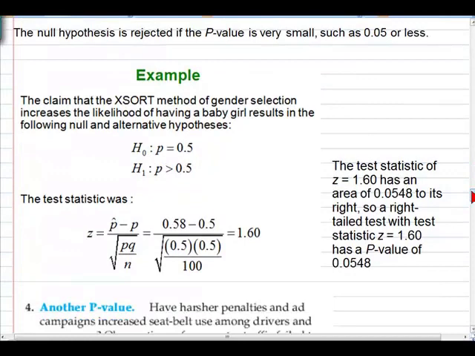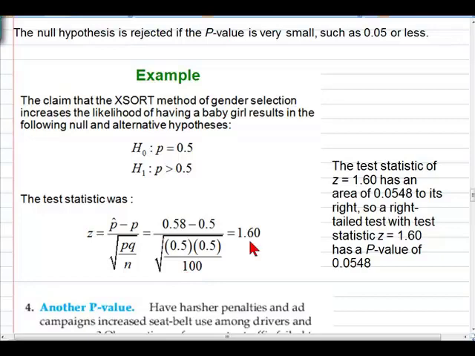For example, the claim that the XSORT method of gender selection increased the likelihood of having a baby girl results in the following null and alternative hypothesis. Here's your null hypothesis. Here's the alternative hypothesis. We already wrote those out. Here's how we come up with the test statistic. Our p-hat was 0.58 because we had 58 out of 100 babies that were girls, minus our assumed value for the null, divided by the square root of p times q over 100.